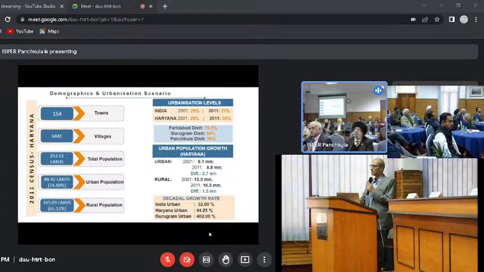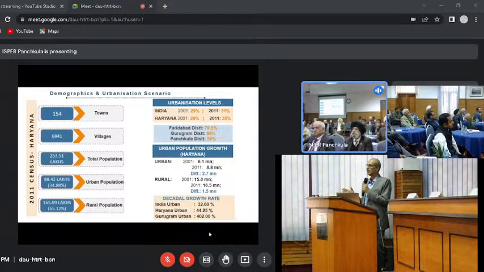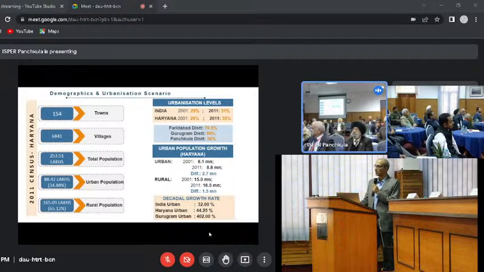There is a slight uptick in the urbanization rate of the state, which is at 35% compared to the country, which is 31%. Several towns are heavily urbanized, more than 50%. And the population getting added in a decade in the urban areas is close to double the population getting added in the rural areas.